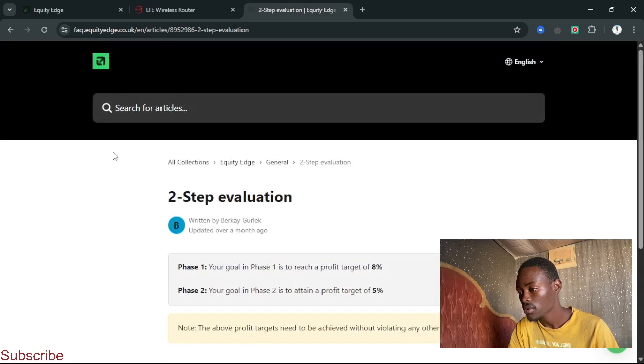Let me say, if you are having a 10k account, your profit target is $800, and on the second phase, 5% is $500. Okay, let's go to the next rule.